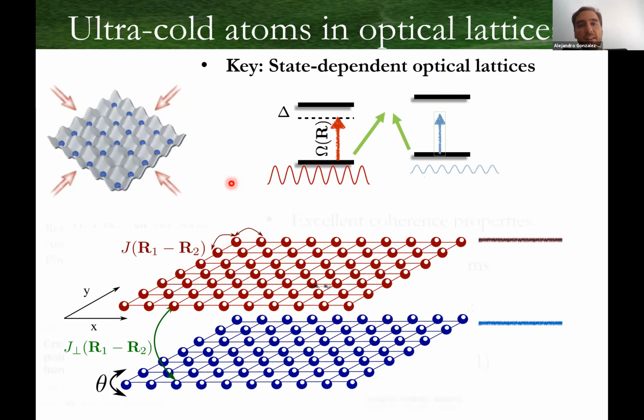And the key ingredient that we use is what people in this field call state-dependent optical lattices. The idea is pretty simple. In atoms you don't typically have a single optical transition, but you can have many, because the nuclear spin couples to the electronic one, so you have a hyperfine structure.